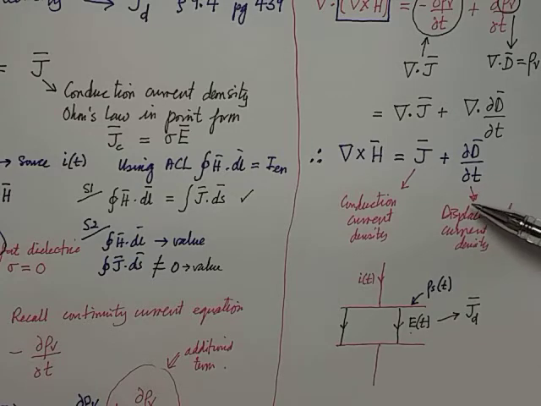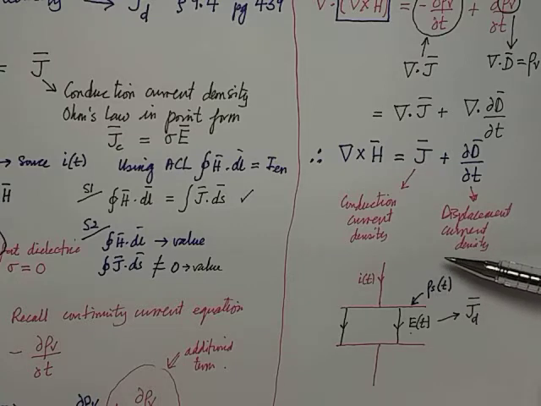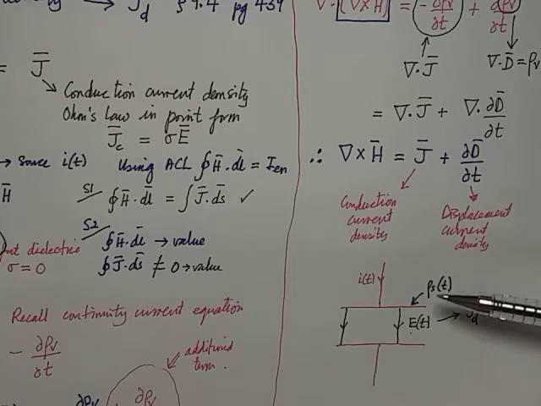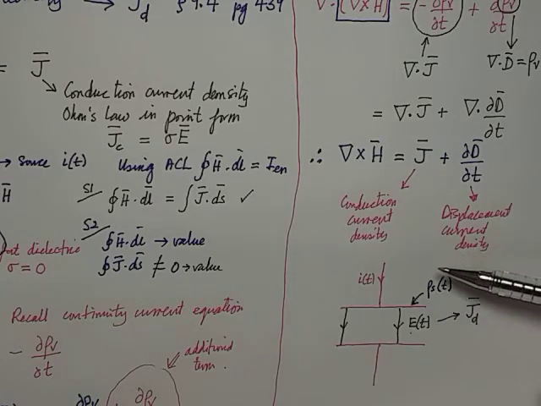Now you can imagine how information is transferred from your handphone to other destinations through the medium of air, and we know air is a dielectric material, by utilizing electric field changing with time. That is known as displacement current.